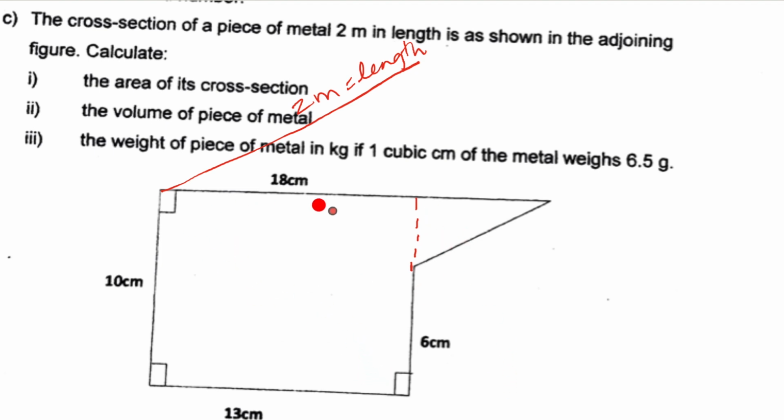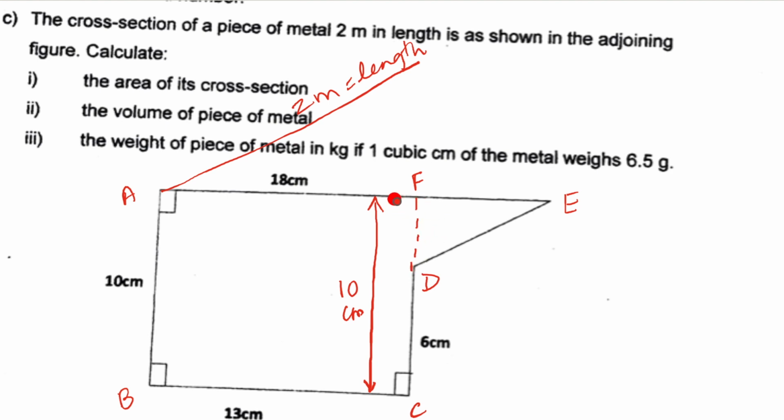First thing you will have to draw the diagram, and then we'll label the diagram so that it's easier for us. How much is from here to here? It's the same as 10, because this will be a rectangle.